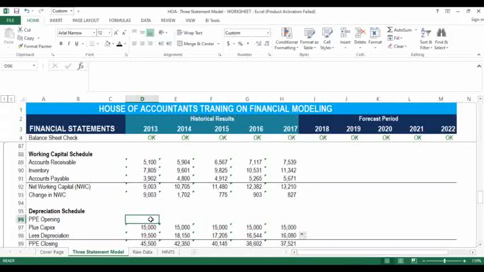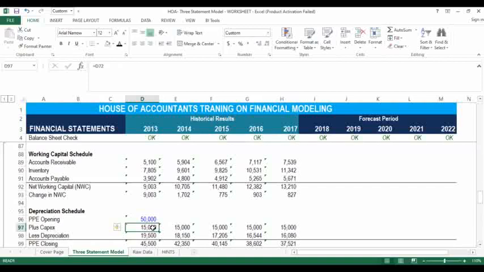Now, to get this opening figure, what do we think is going to be the answer? It will be 45. That is, we will work back. This 45 plus 15 minus the depreciation. What will have been the answer? Let's take it again. It will be this closing plus depreciation, then minus the expenditure.